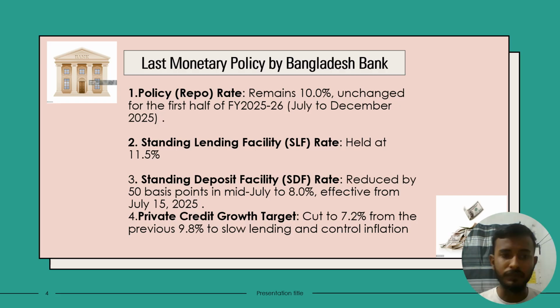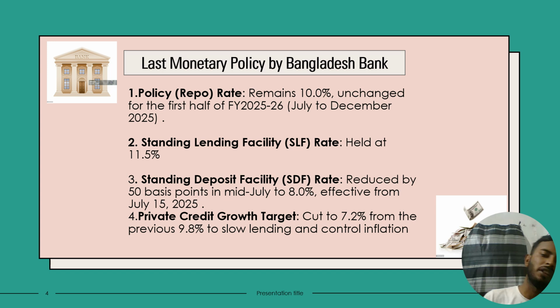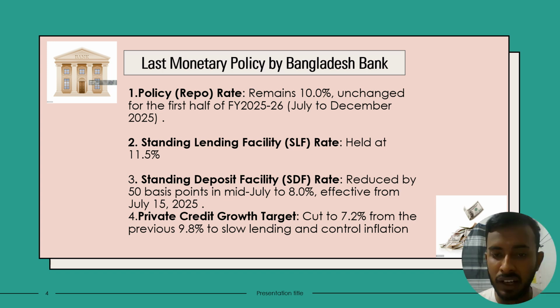Now I'll discuss the last monetary policy by Bangladesh Bank. The first is the policy repo rate remained unchanged at 10% for the first half of FY 2026, July to December 2025. Second, the standing lending facility SLF rate held at 11.5%. Third, the standing deposit facility SDF rate was reduced by 15 basis points in mid July to 8%, effective from July 15, 2025.